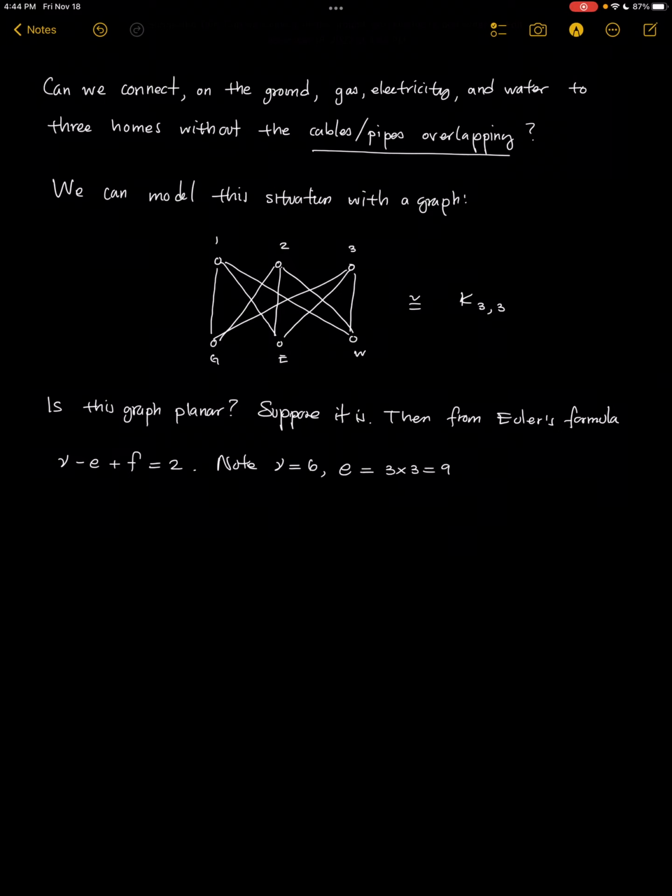One of the things to notice is that this graph has no cycles of odd order. And you may say, why? Well, the chromatic number of this graph is equal to 2.